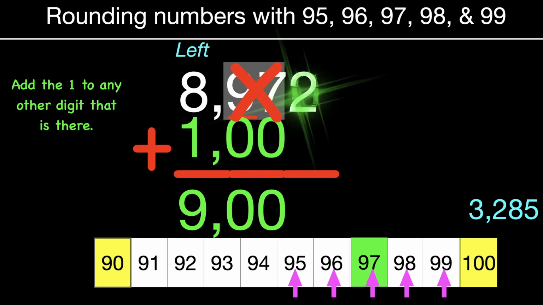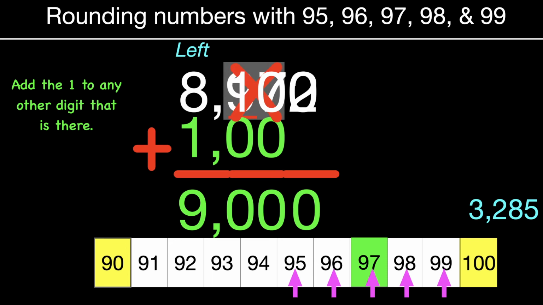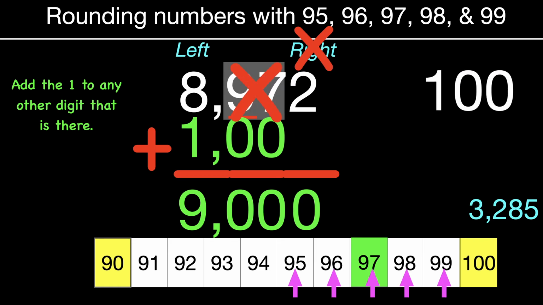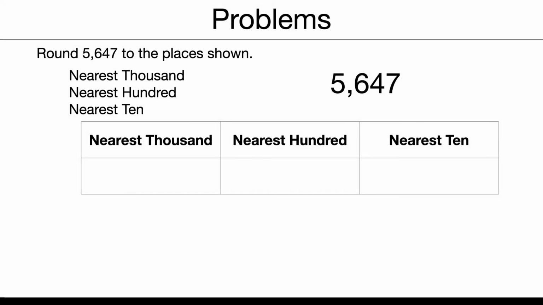And then our last step is we take that 2, pop that into a 0, and that's 9,000, okay? Don't accidentally put your 100 to the right side, because you'll get the wrong answer. Once we do the digits to the left, you would get the answer of 8,100, and that would be the wrong answer.